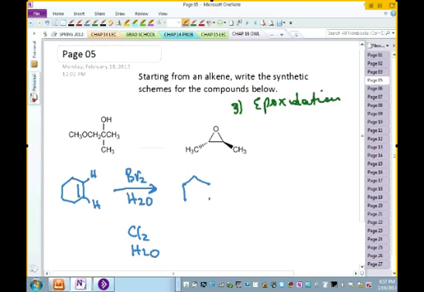We get this. You notice the stereochemistry here. The bromine and the hydroxy group that are added across the carbon-carbon double bond, they are trans to each other. So you get the trans product.